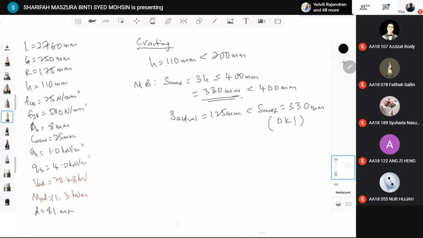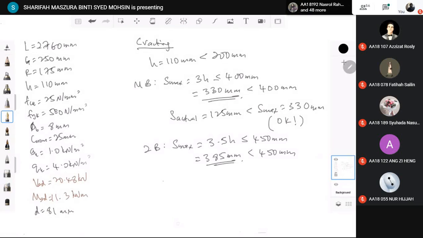For secondary bar, 0.5H or 450 mm, whichever is lesser. So 3.5 times 110, we get 385 millimeters, which is lower than 450 mm, so use this one.